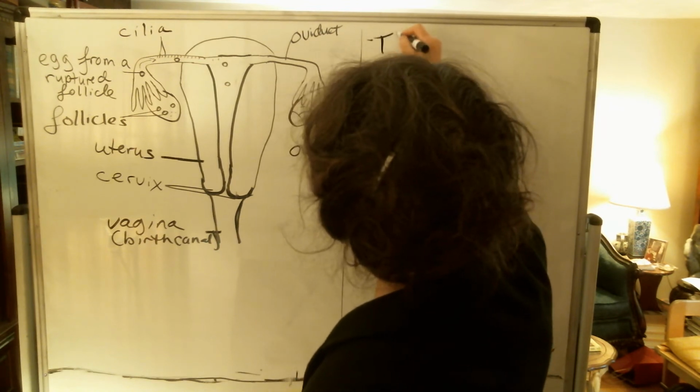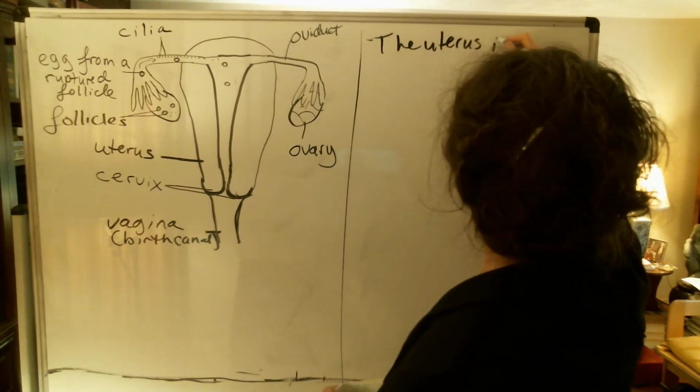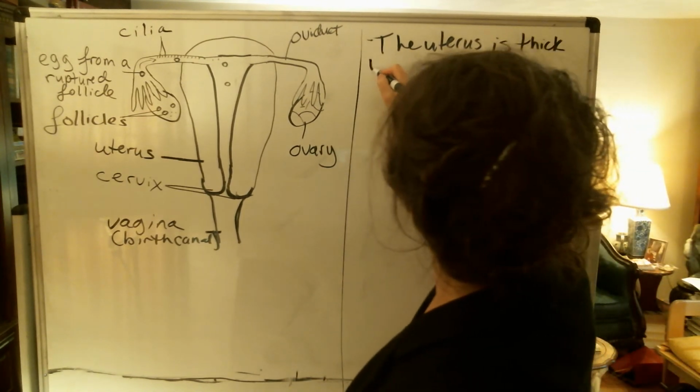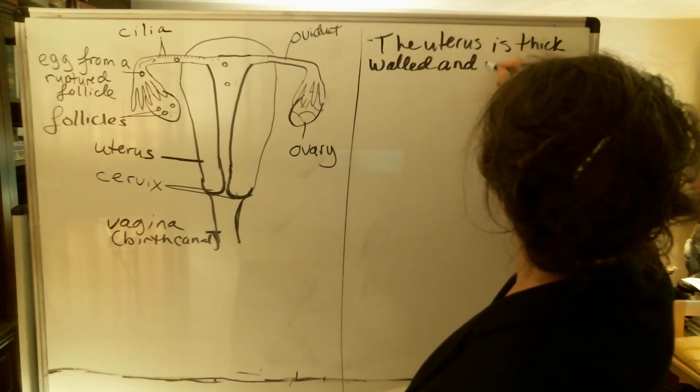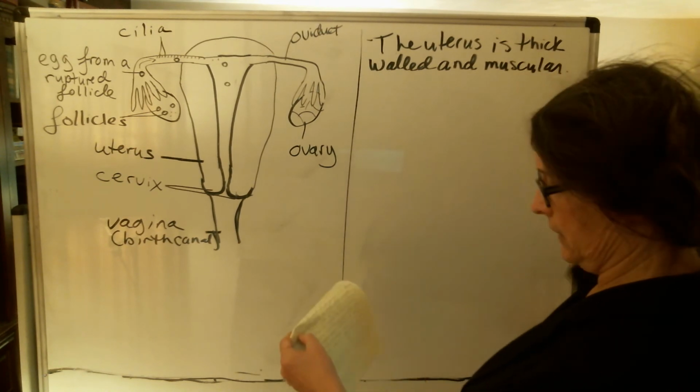So the uterus is thick-walled and muscular.